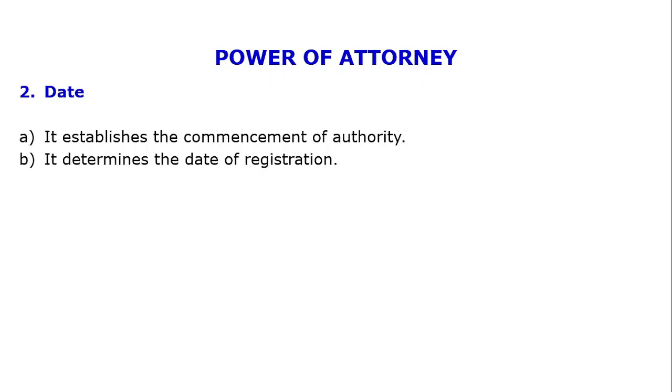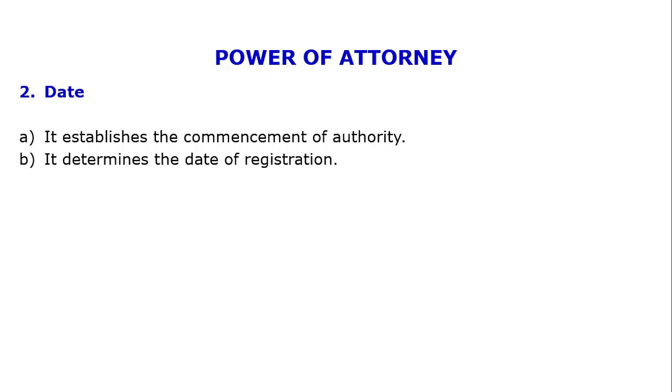Also, the date clause helps to determine the date of registration. Generally, I explained in that main tutorial video that a power of attorney, as that document and transaction, is not a registrable instrument unless the land registration law of that particular state says that power of attorney is a registrable instrument.